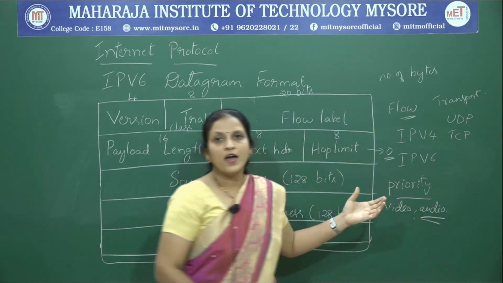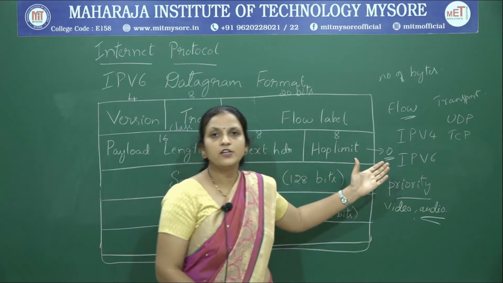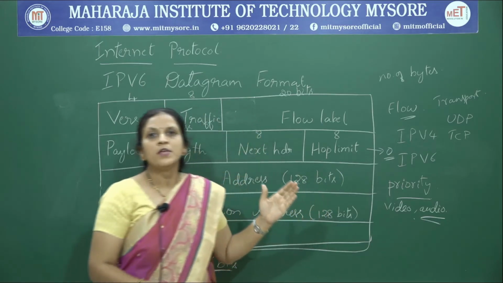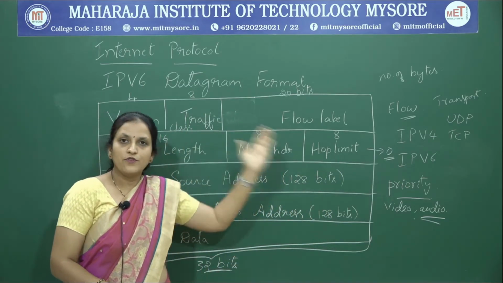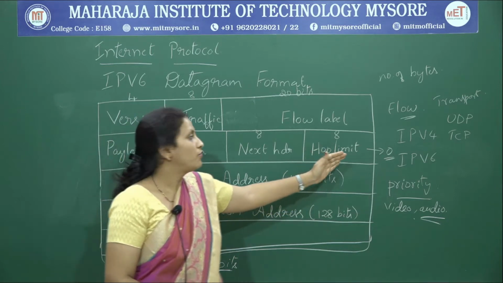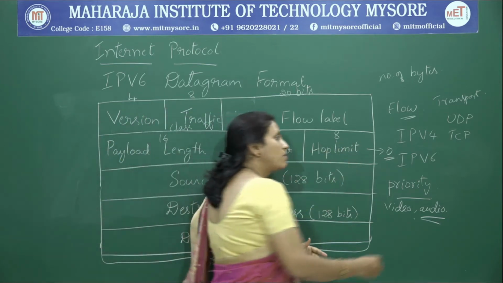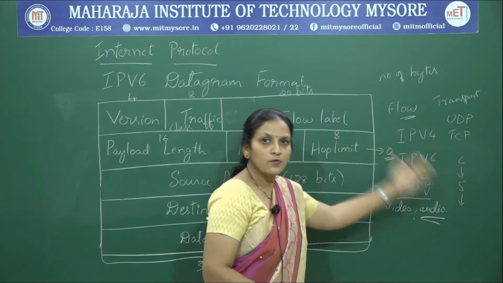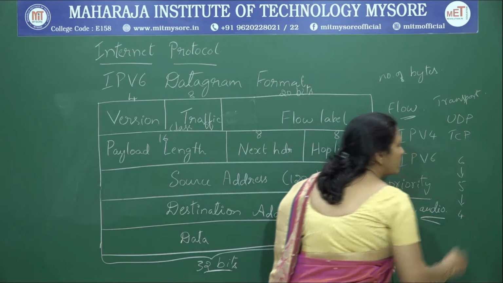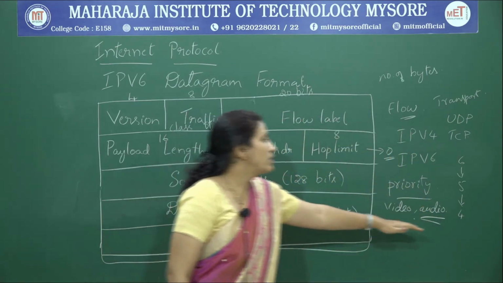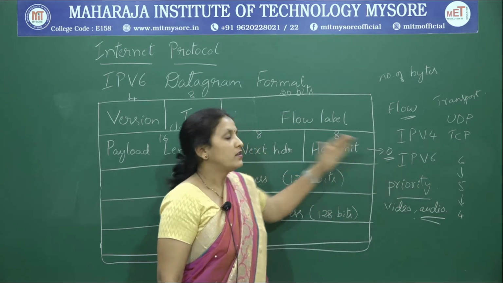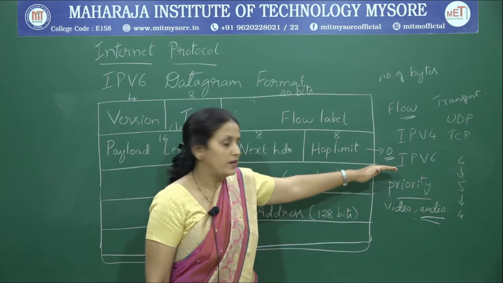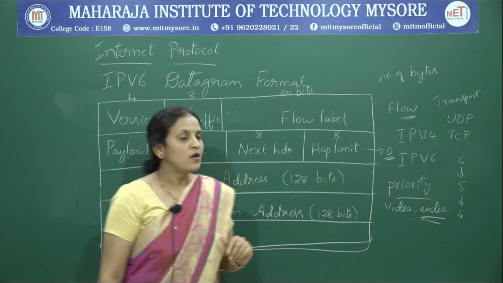For example, if you have 6 routers to pass through between source and destination, then when a datagram passes from source to the first router, the hop limit decrements from 6 to 5. Similarly, when it passes through one more node, it will be decremented to 4 and so on. When it becomes 0, the datagram is dropped there. That is about hop limit.